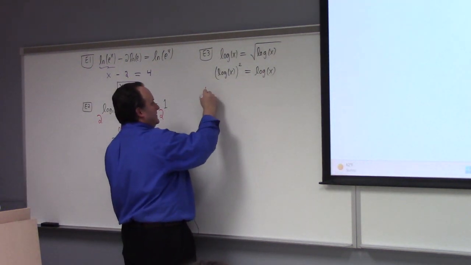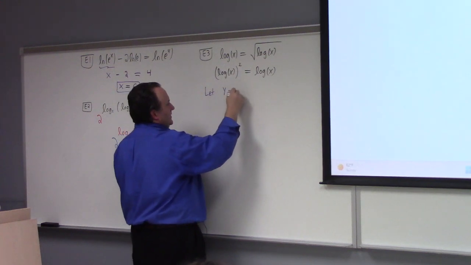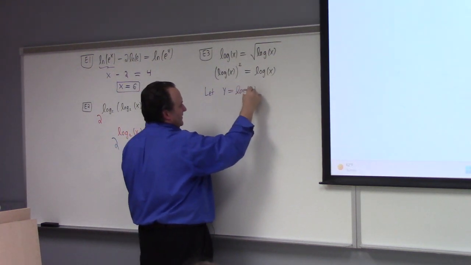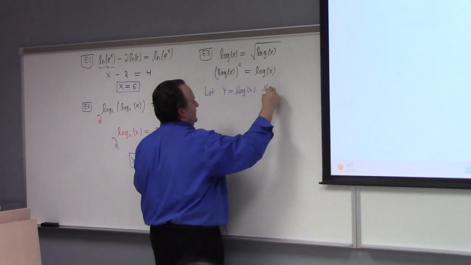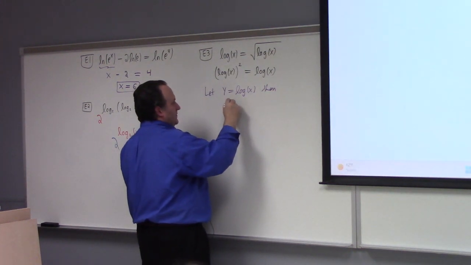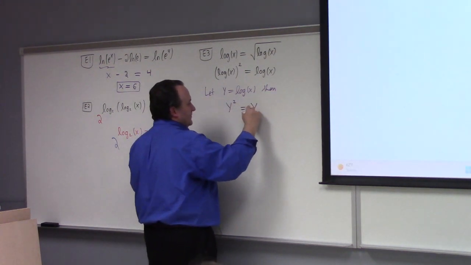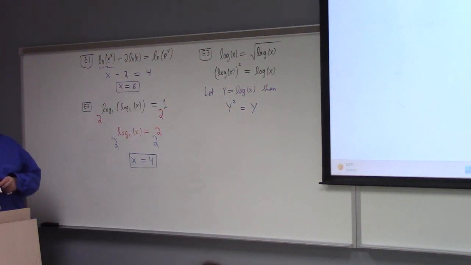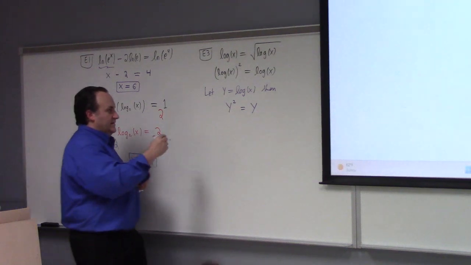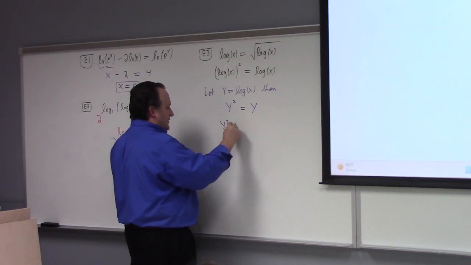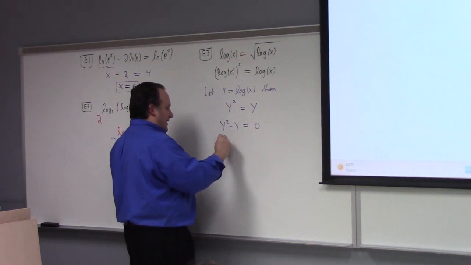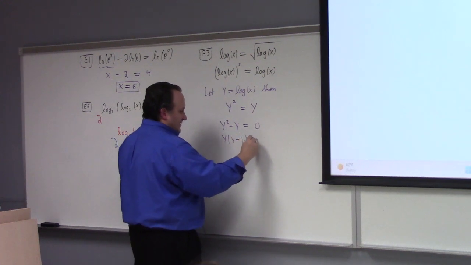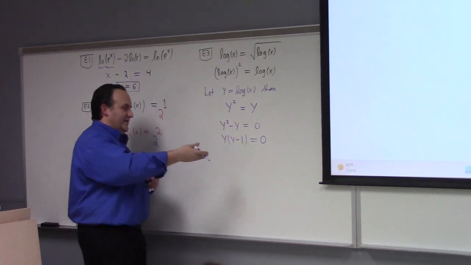What if I let y equal to log of x? Then what do I have? Then we're trying to solve y squared is equal to y, right? And all of a sudden, I think I know what to do with that. Bring everything to one side. That gives me y squared minus y equals 0, which gives me y times y minus 1 equals 0, right?